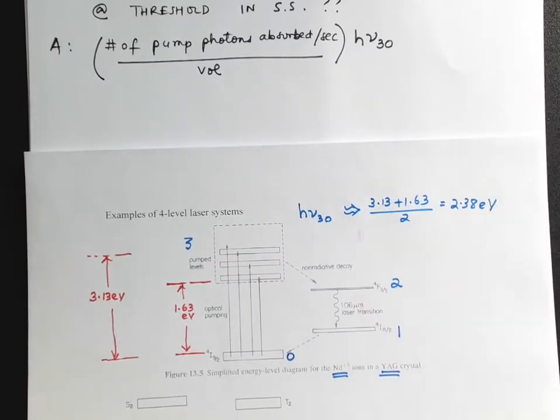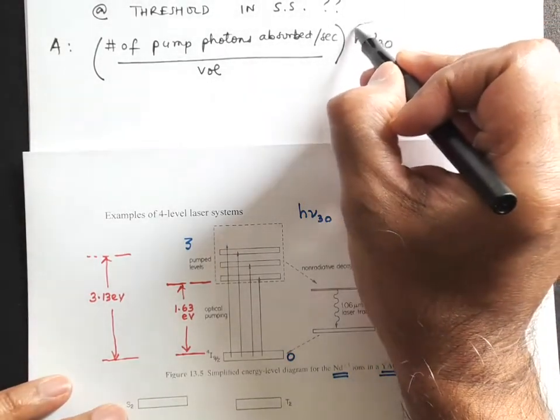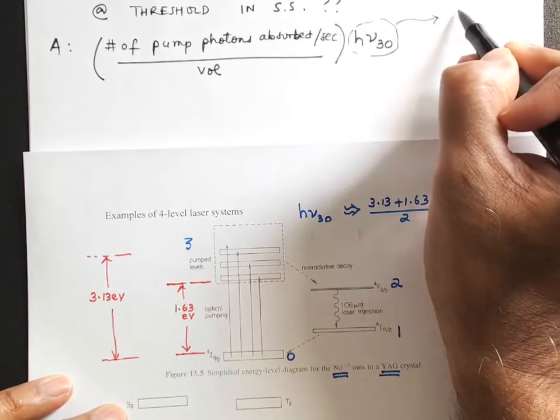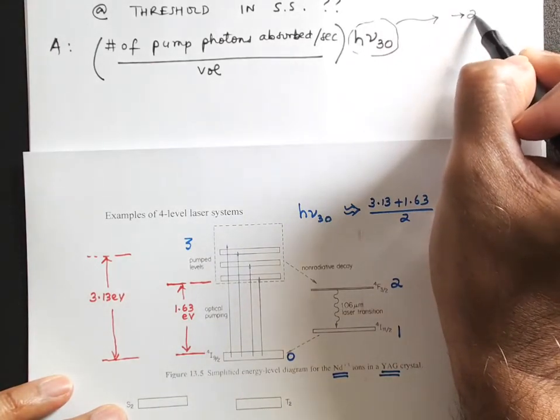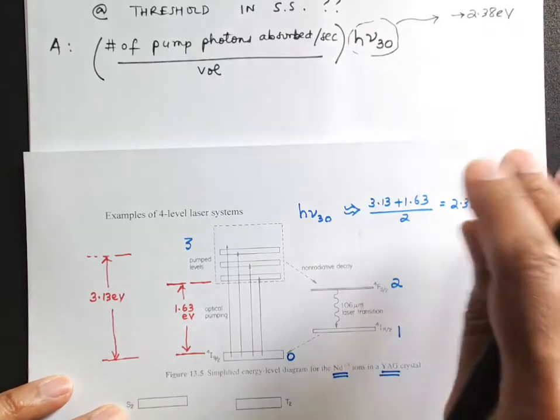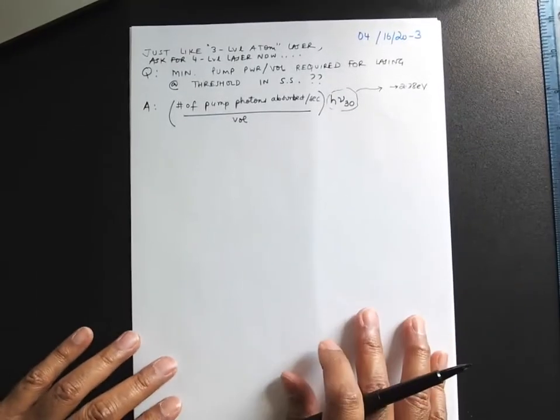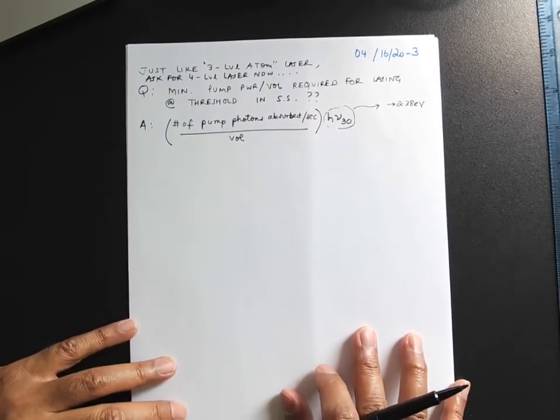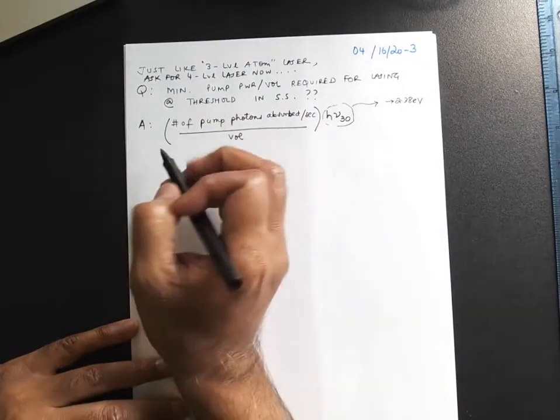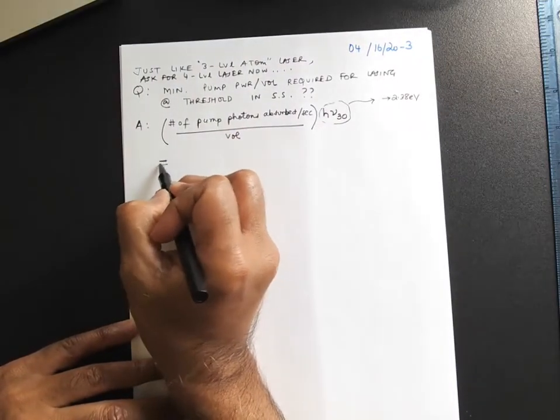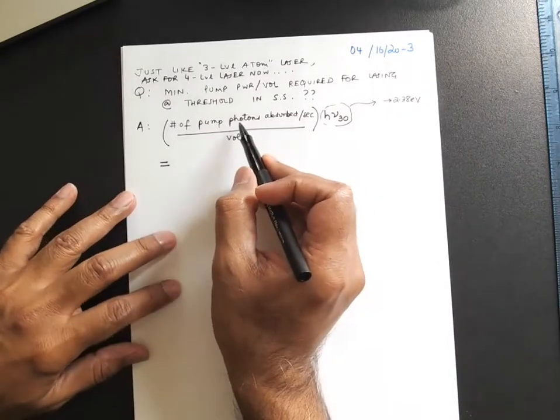Okay, so let's just do that. And we remember what an electron volt is. Anyway, so we know that this is going to correspond to 2.38 electron volts. And now, just like we did last time, the number of pump photons absorbed per second.